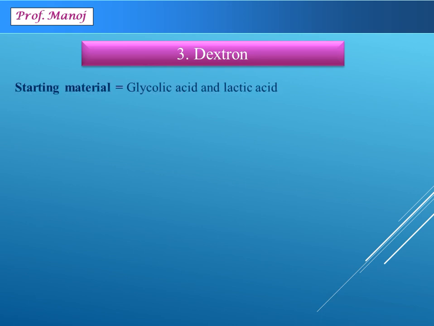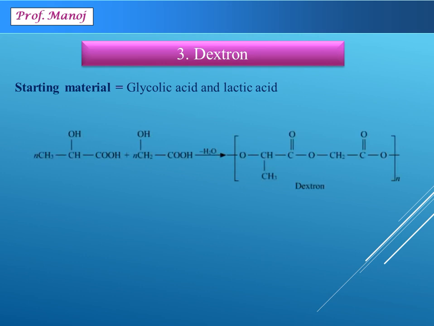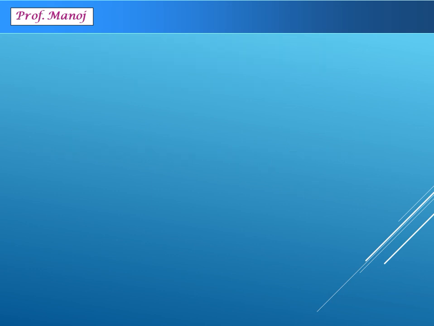Starting materials are glycolic acid and lactic acid. You can see a synthesis of this. The first compound is lactic acid, the second is glycolic acid. Once again they produce an ester linkage, so it is once again a biodegradable polyester fiber called dextron.